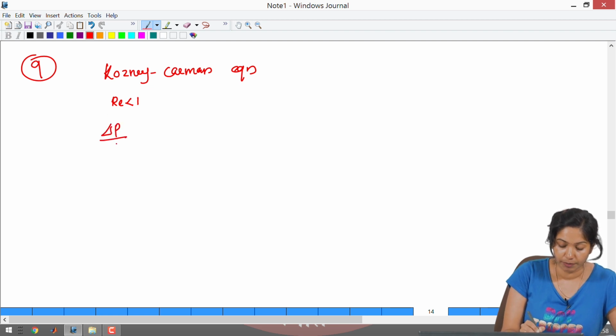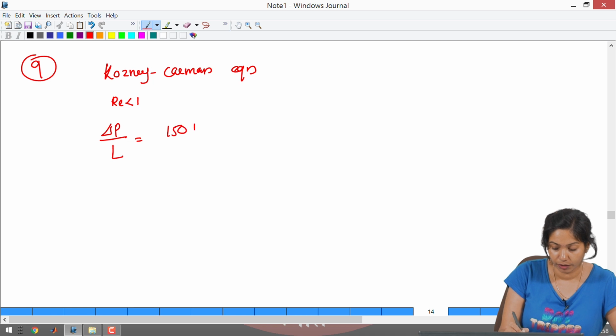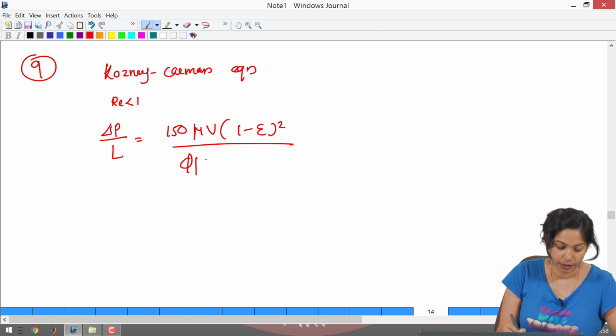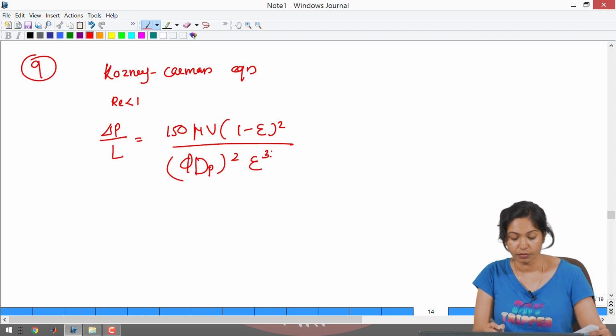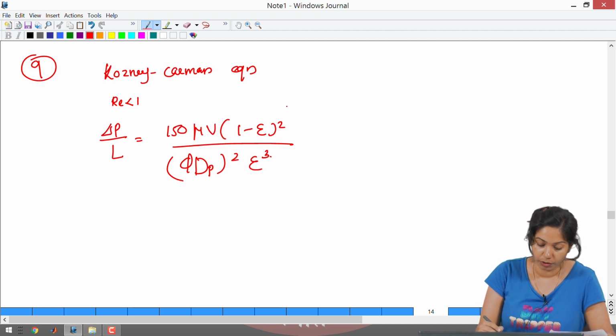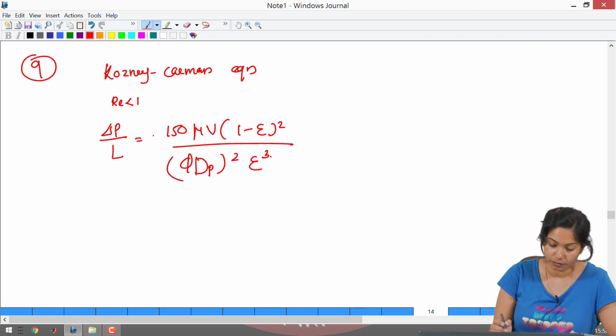So, delta P by L equal to 150 mu V into (1 minus epsilon) the whole square divided by phi squared dP the whole square epsilon cube, where mu is the viscosity, V is the superficial velocity, and epsilon is the porosity of the bed, phi is the sphericity, dP is the diameter of the pellets, delta P is the pressure drop, and L is the length of the tube. So, here we have to substitute all the values.